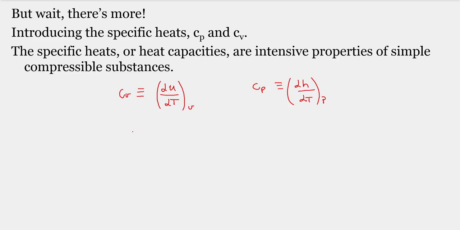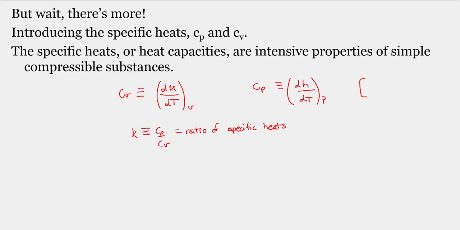If we take these two variables and put them together in a ratio form, we define the ratio of specific heats. That's k, and this is the ratio of specific heats. Okay, and you can look at these expressions and you should be able to determine what the units are for the specific heats.